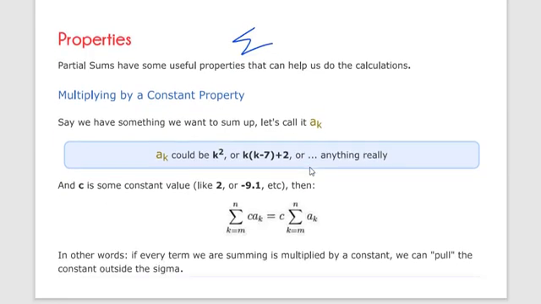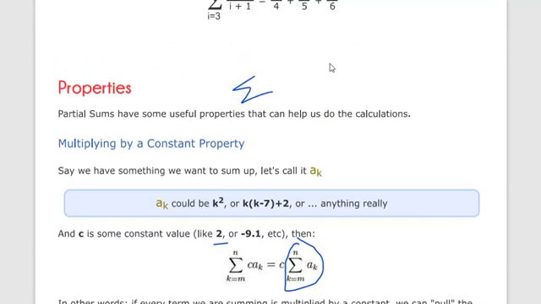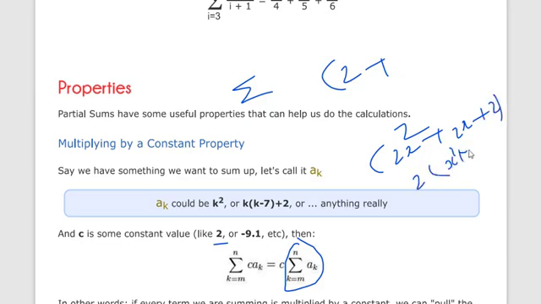There are some properties involved in the sigma. The first is the multiplying by a constant property, which says if it is a constant value like 2 or minus 9.1 or anything, we can take it out as a common factor because it does not really affect the summation of the equation. Like this, if we have 2x squared plus 2x plus 2, we can take out 2 and write 2 times (x squared plus x plus 1).